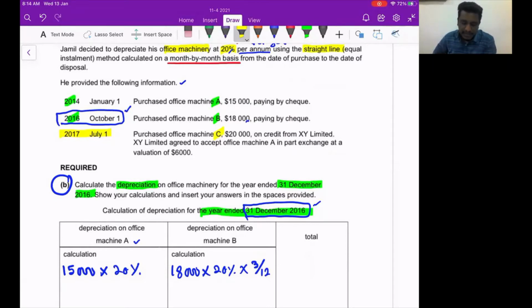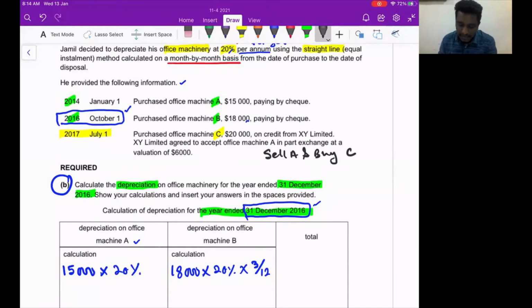XY Limited agreed to accept office machine A in part exchange at the value of 6,000. It means you sell the A and buy C. Understand now? You sell the A and buy C.